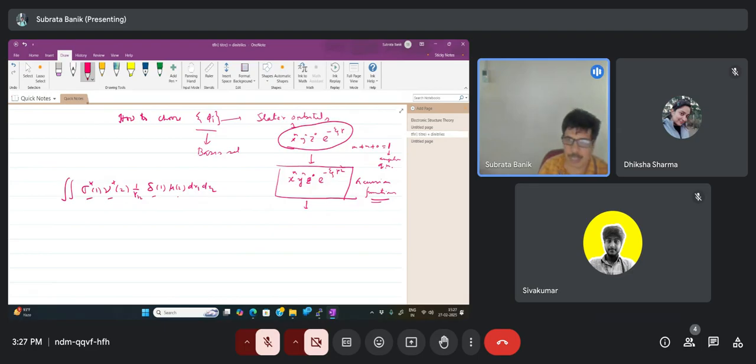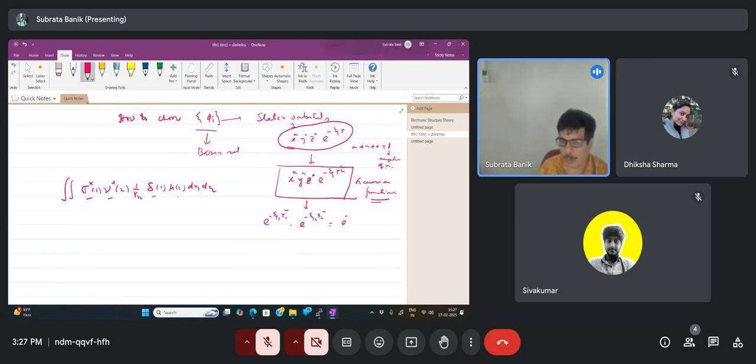Take this example: I have a Gaussian, exponential of minus xi 1 r1 squared, and another Gaussian, exponential of minus xi 2 r2 squared. These are two different s functions, say one for carbon, one for hydrogen. If you multiply them, what do you get?